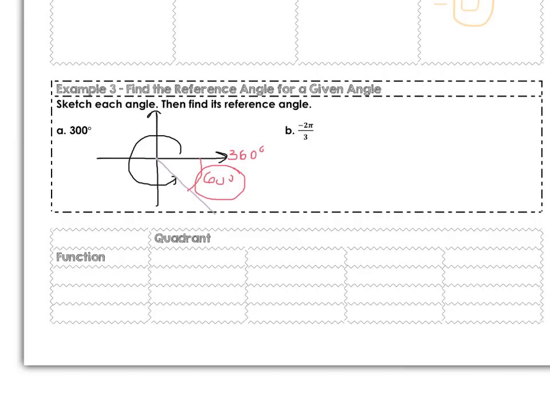Now let's do the same for part B, but now we're going to show a rotation in radians. Notice that it's negative 2 pi over 3, so we're going to be rotating clockwise. This is normally 180 degrees, which would be pi, so this is going to be negative pi, which, to give you a little frame of reference for this guy, would really be negative 3 pi over 3.